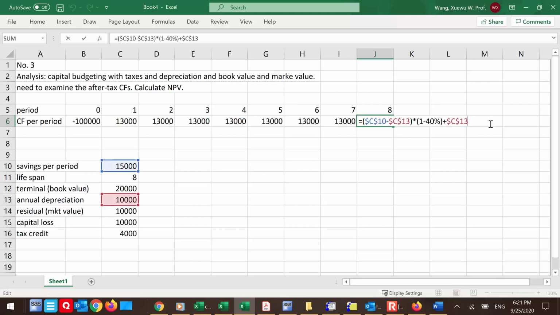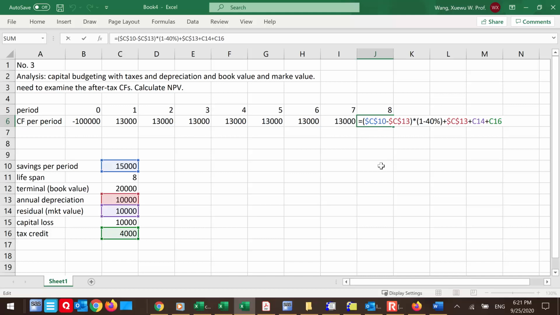And now in year 8, I have to think about this is where the machine is going to have a residual value, and the residual value is actually market value. So they can sell the machine for 10,000, but at the same time, they're also going to claim a tax credit of 40,000. So that is going to be another 4,000. Except tax credit is another 4,000, not 40,000. So this is the cash flow at the end of year 8.